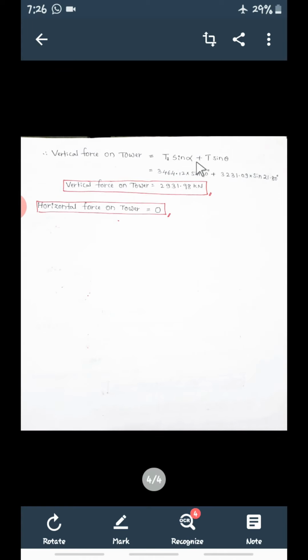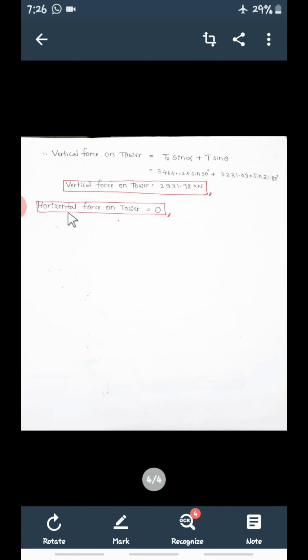So T1 sine alpha plus T sine theta. Substitute the values of T1, T, alpha and theta, and we get the vertical force on the tower. Both are acting in the same direction, which means we add. So the vertical force on the tower is equal to 2931.98 kilonewton.